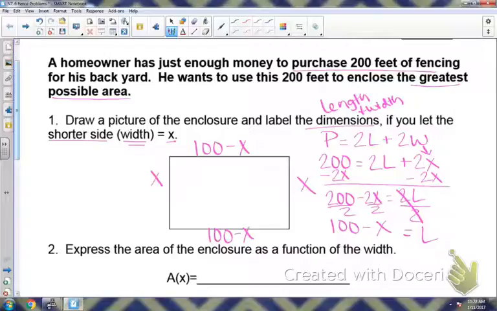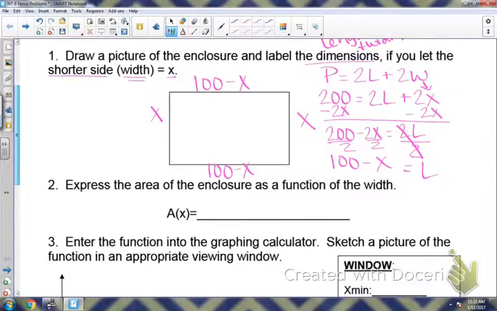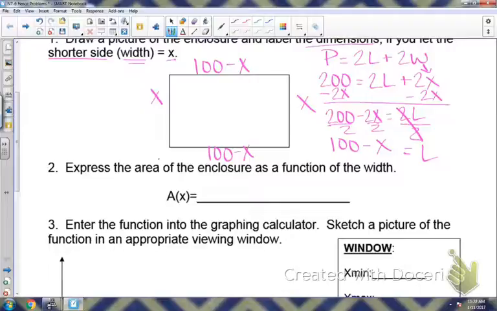Okay, so now on 2, we're going to express the area of the enclosure as a function of the width, which means in terms of x. So the area of a rectangle is length times width. Okay, so notice we have function notation here for A of x, which is going to represent your area.